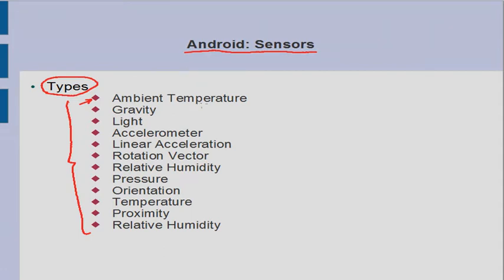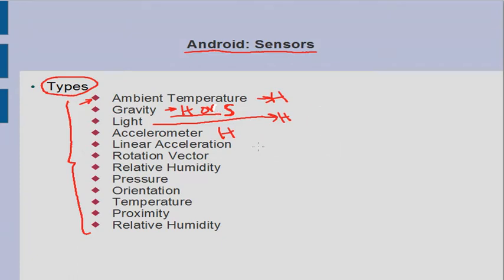For example, the gravity sensor can be a hardware sensor, or it can also be a software based sensor. Ambient temperature is a hardware based sensor. Light is also a hardware based sensor. Accelerometer is also a hardware sensor. It's just hardware, a tiny piece of hardware on the Android device.